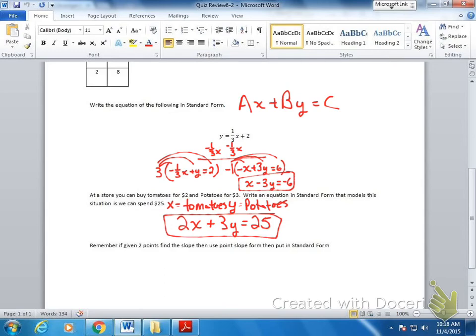Now at the bottom, I have, remember, if you're given 2 points, and there will be an equation or one question where maybe they give you the points (1, 2) and (3, 4). Well, to write that equation in standard form, first you're going to have to find it. So you could put it in your calculator and get your equation, but if you mess up 1 point, you're going to miss the whole problem. So what you could do is find the slope first with y2 minus y1 over x2 minus x1.